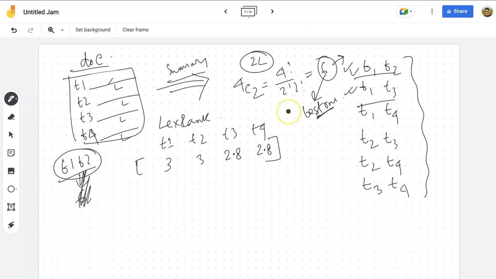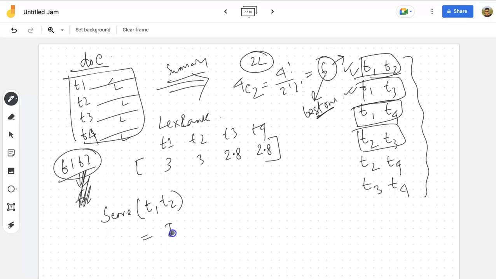Now how can you calculate the total score for each of these combinations? If I write it this way, the score of T1 and T2 is the individual information score of T1 plus the information score of T2, minus some parameter times the similarity between T1 and T2.